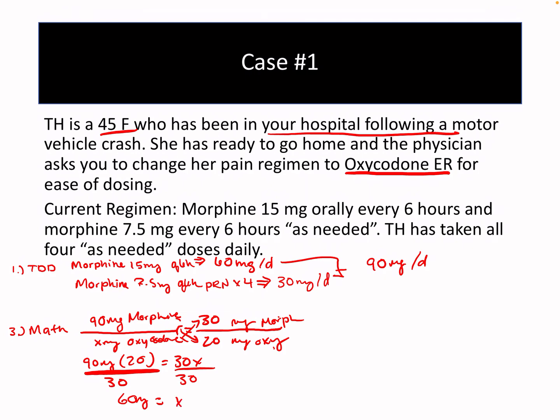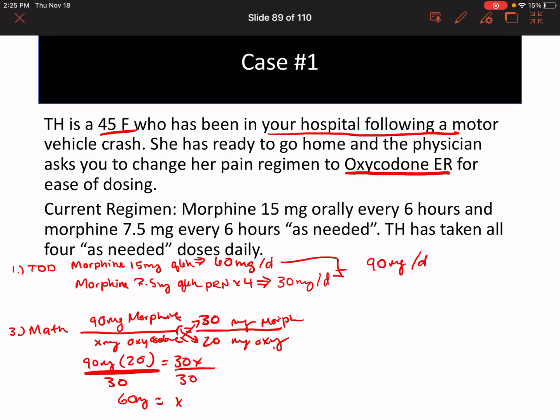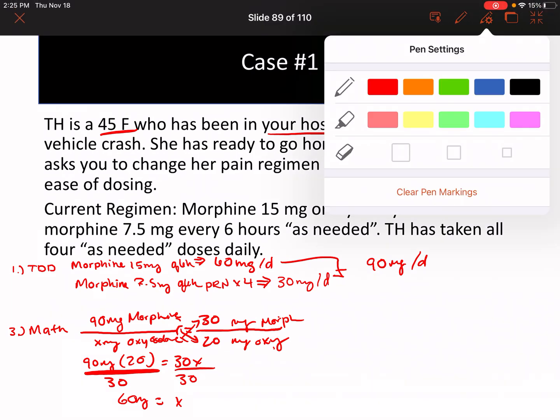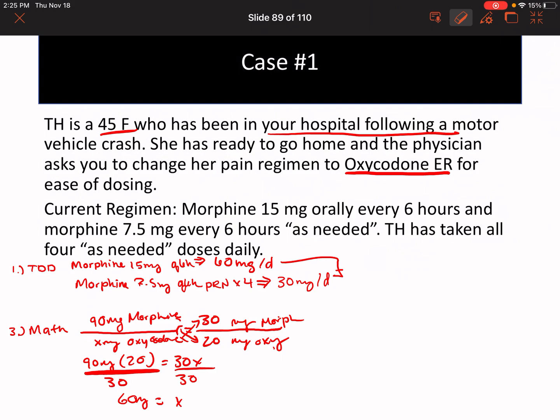Now, as mentioned before, the next thing we want to do is reduce for cross tolerance.